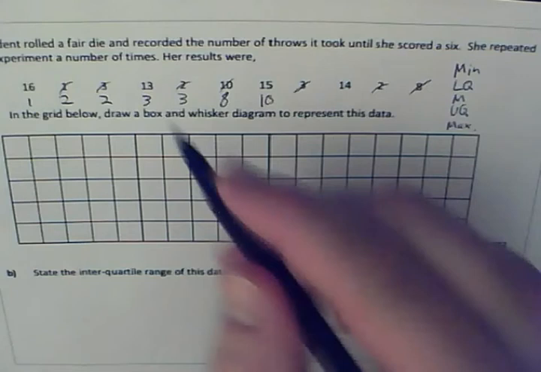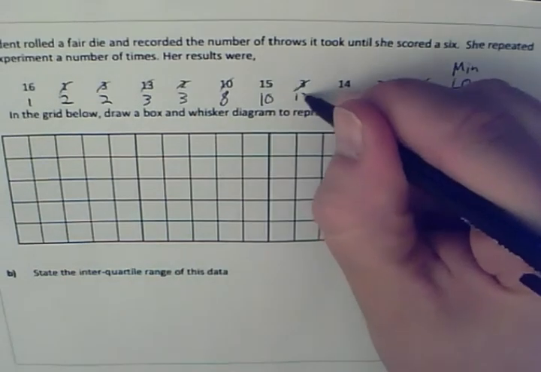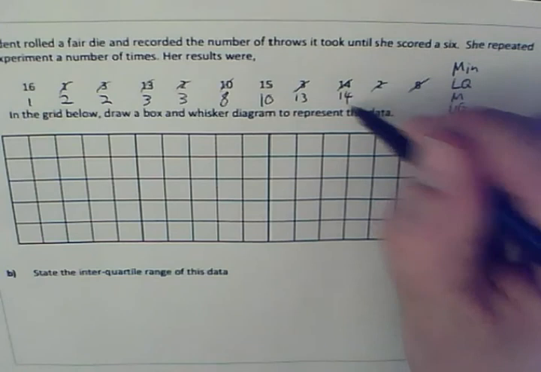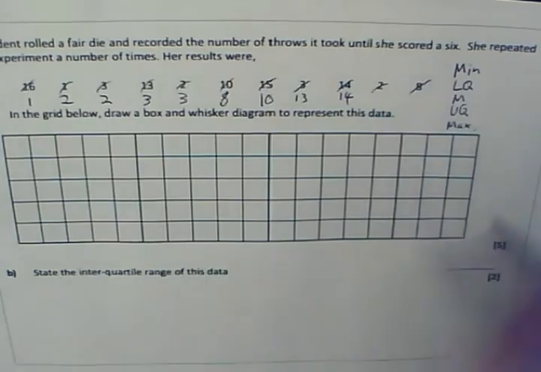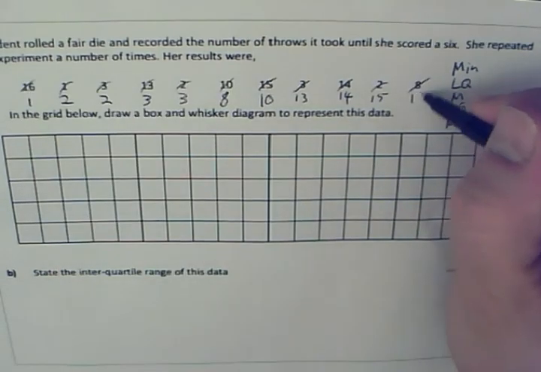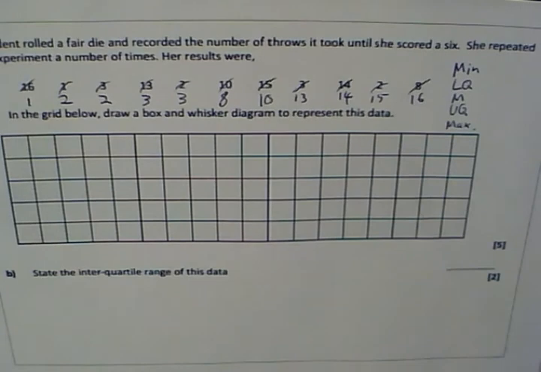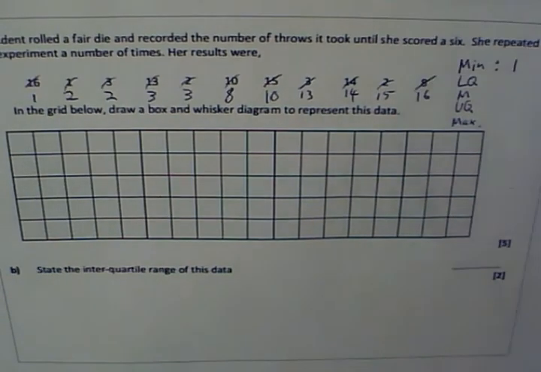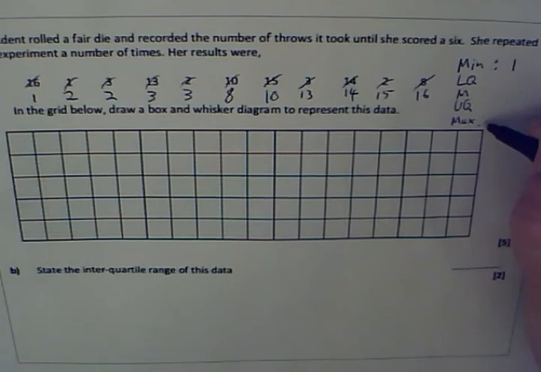I've got a 13. A 14. A 15 and a 16. Okay, so I've ordered my data now, and I can start to find out these things. So the minimum is easy, that's 1. The maximum is easy, that is 16.